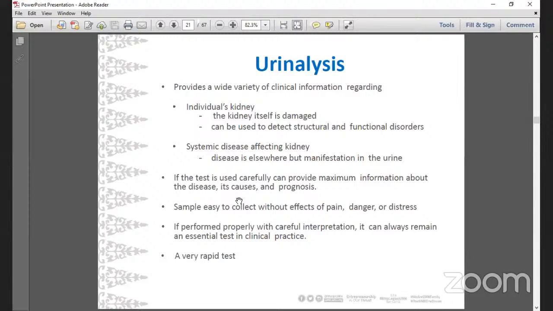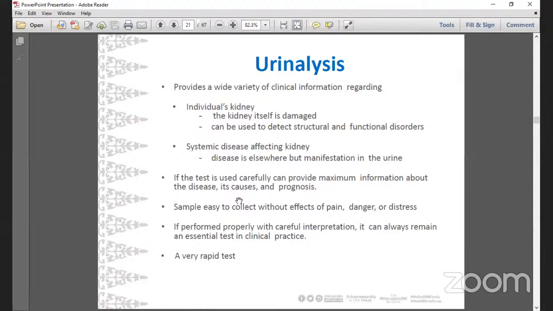For example, diabetes mellitus, we see hyperglycemia, a high amount of glucose in the blood, and then we can check the glucose level in the urine. That's why we can see the glucose here.